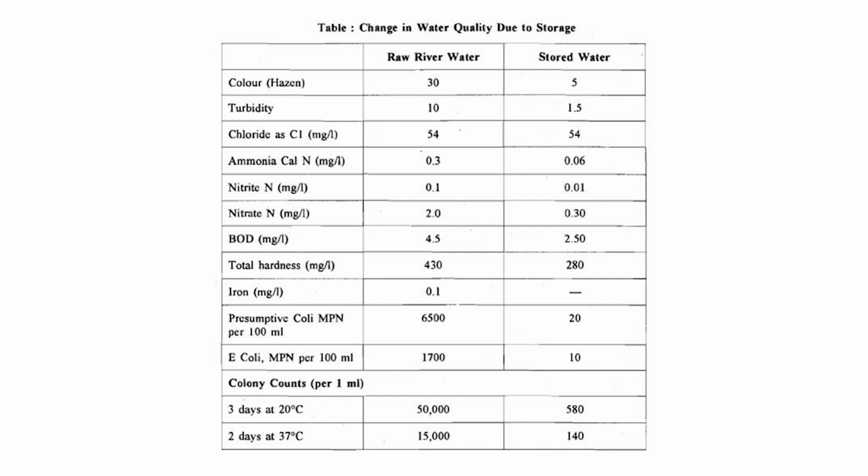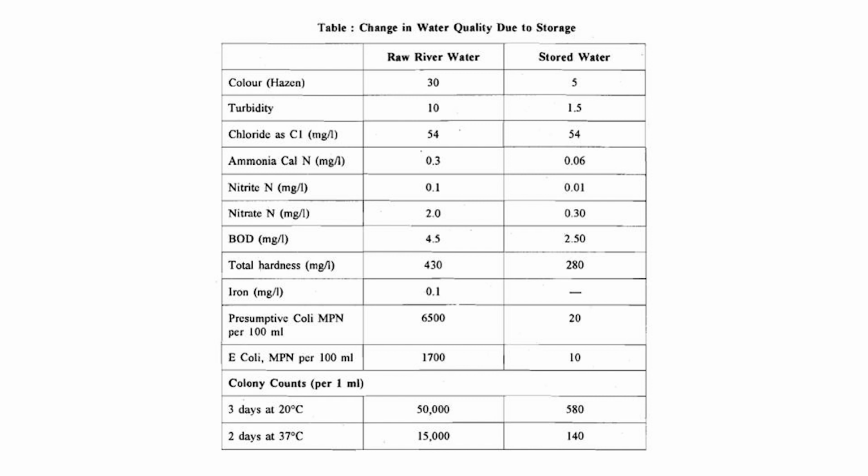Presumptive MPN per 100 ml: in raw water the count is 6500, but in stored water it is only 20. E. coli per 100 ml is 1700 in raw water, but in stored water only 10.